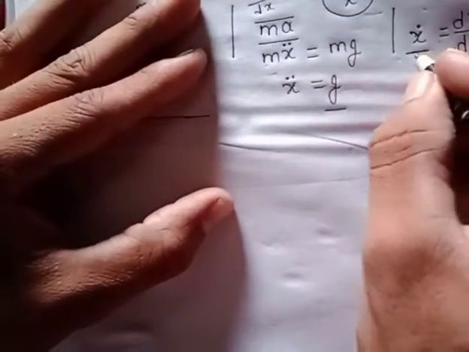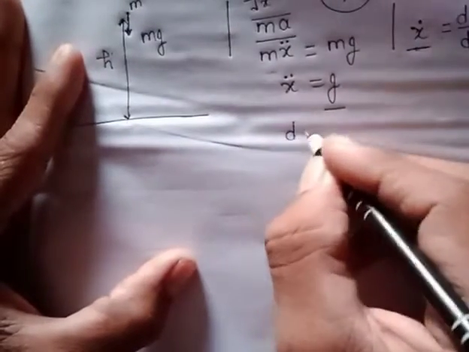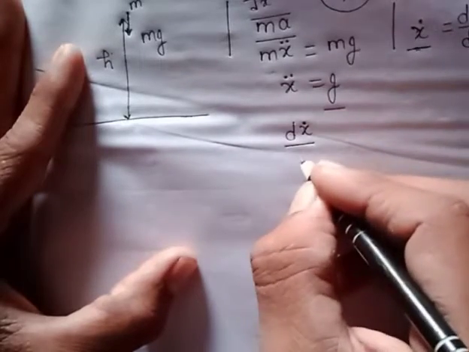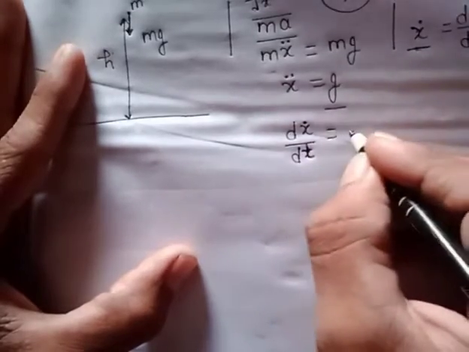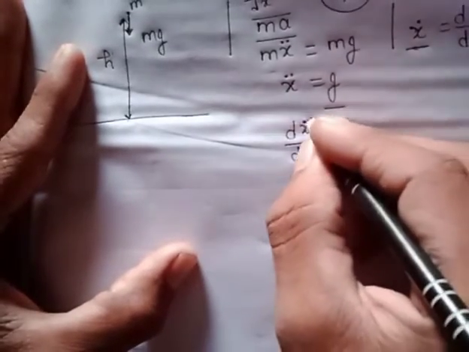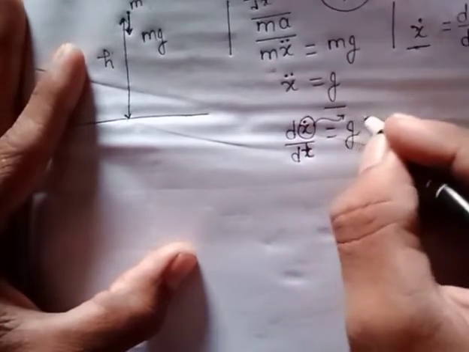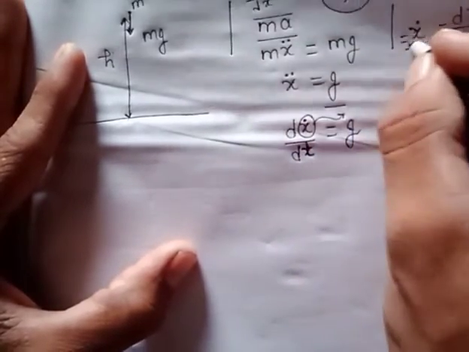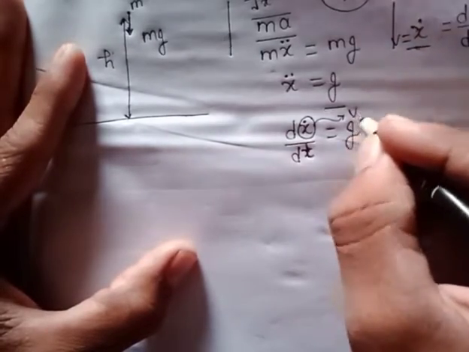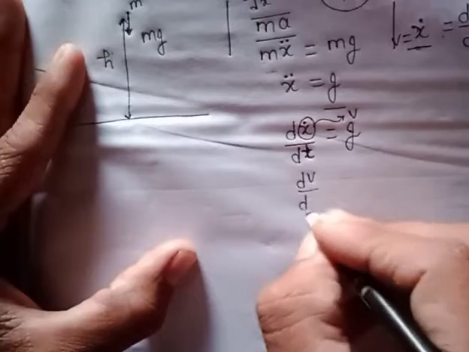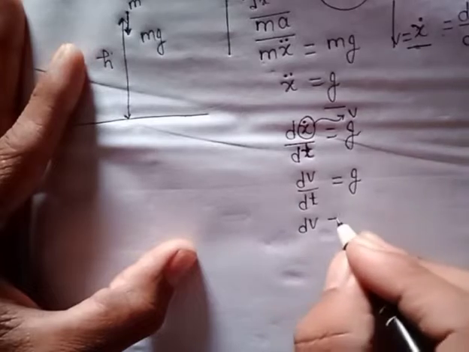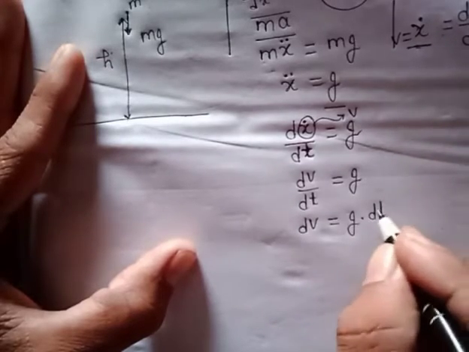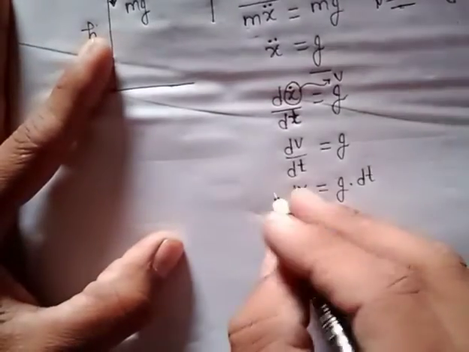So we have to find the velocity of this particle after a certain time. So d upon dt of x dot will be equal to g. And for convenience we can write this x dot as v, because we denote velocity by v. So dv by dt is equal to g, and from here we can write dv is equal to g dt. Okay, and we integrate this.